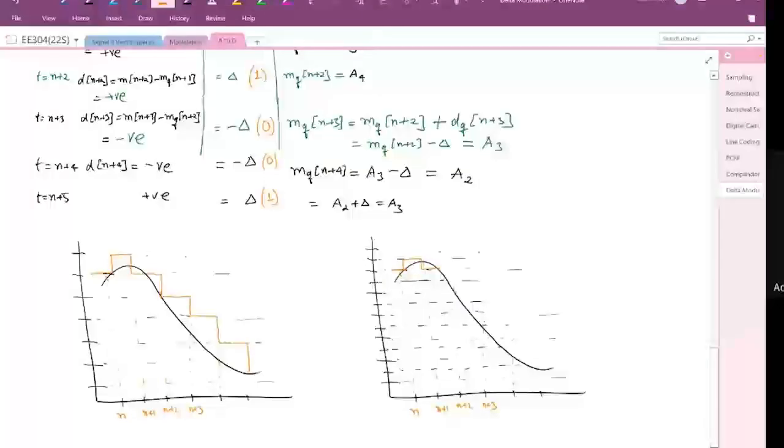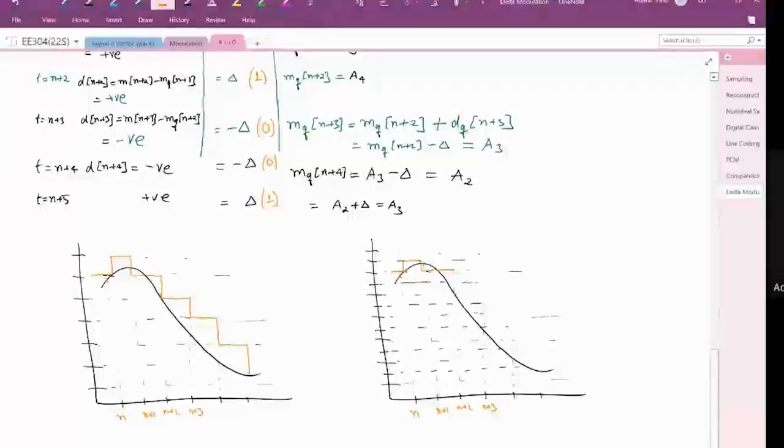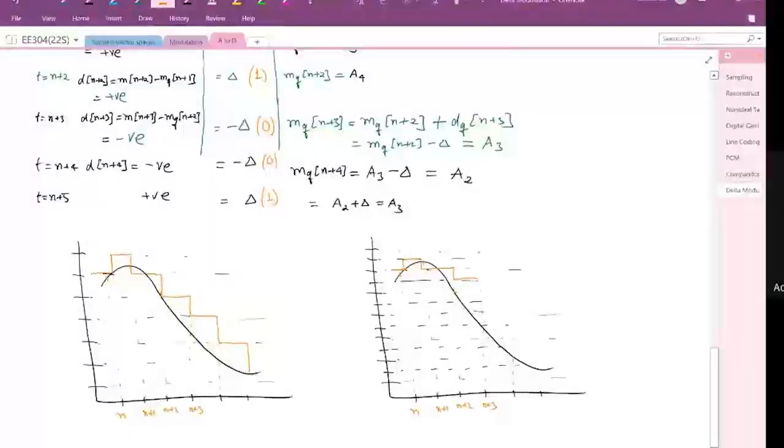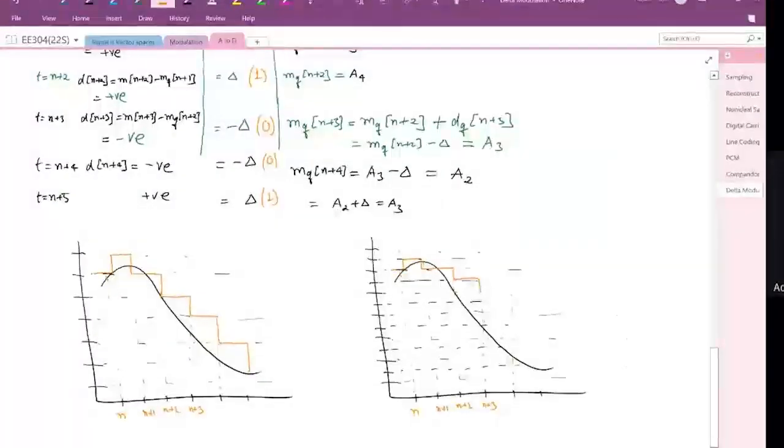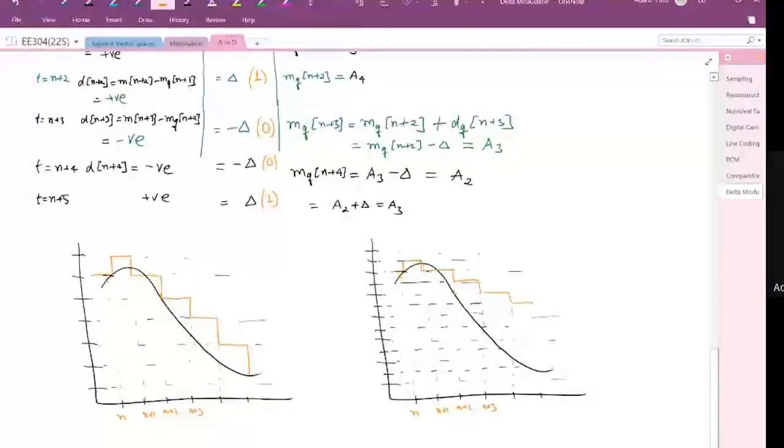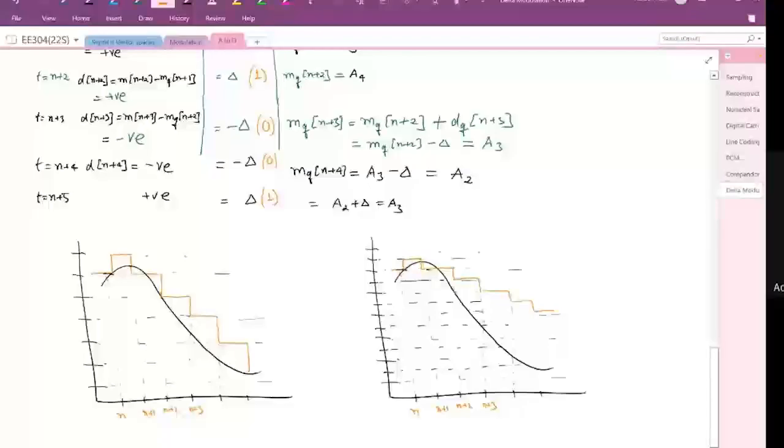It will continue till this level, and then come down, but it cannot come down so sharply because the step size is small. So it will go like this, which is way more deviated from the original signal.